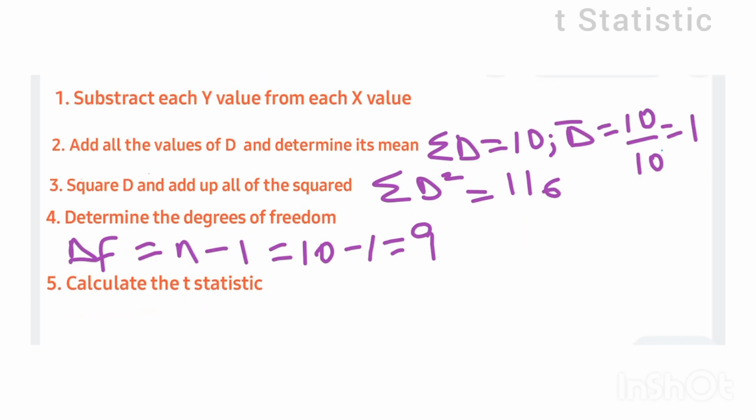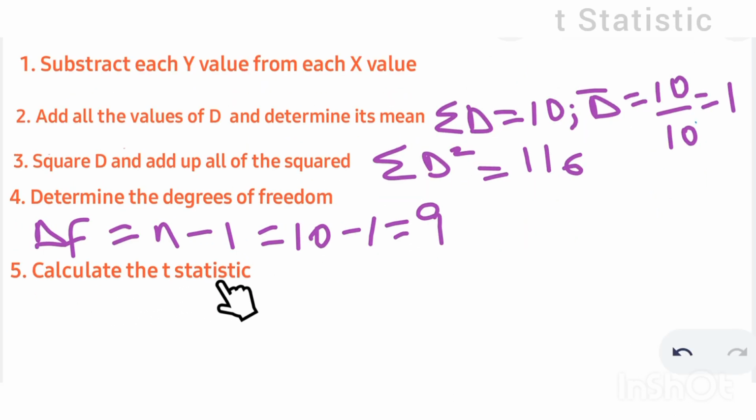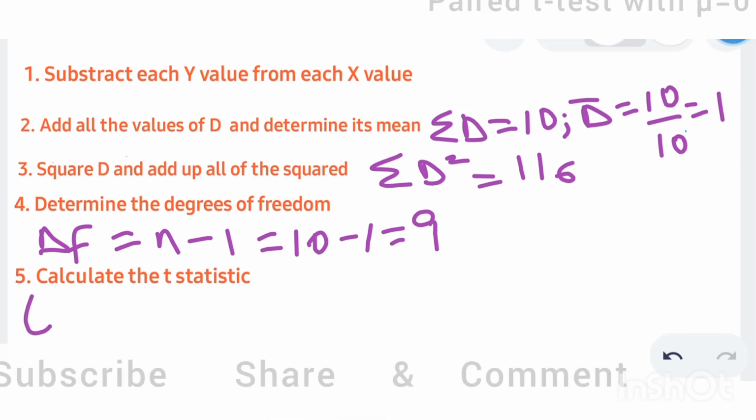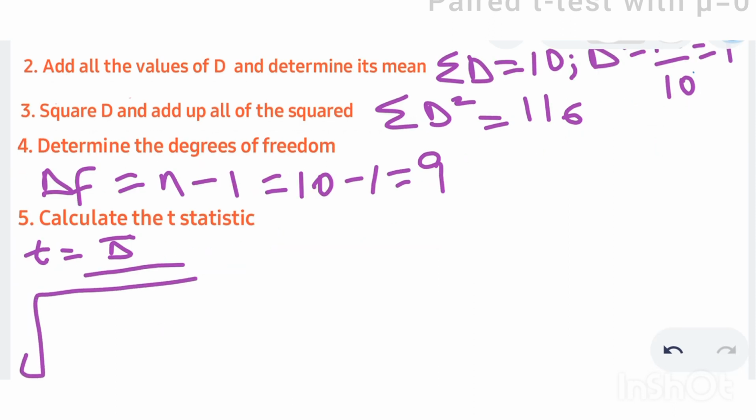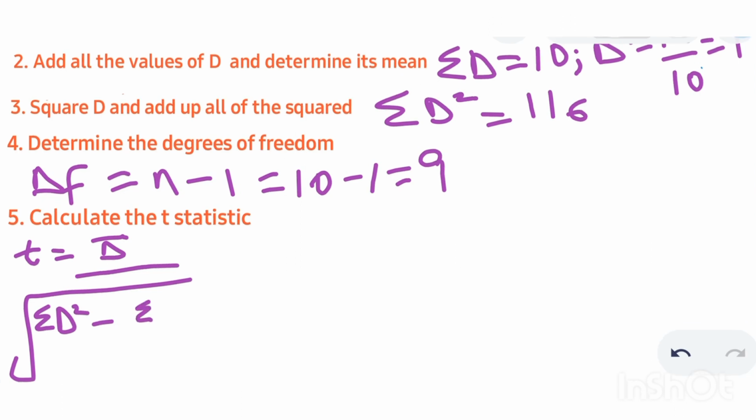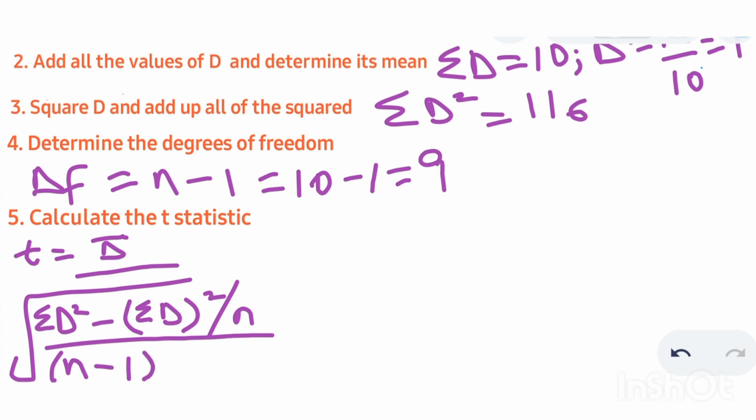The next step says calculate the t statistic. The formula goes thus: mean D over the square root of summation D squared minus summation D all squared over n, all over n minus 1 times n.